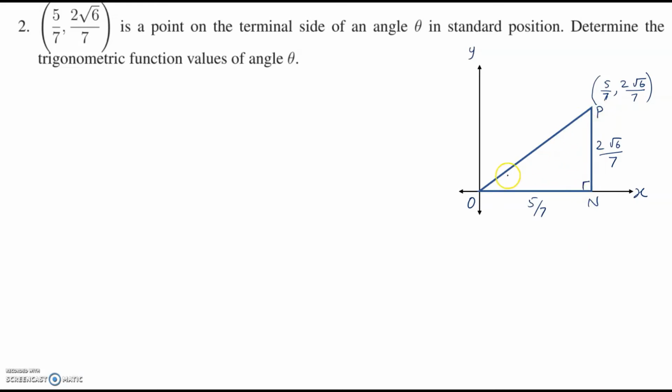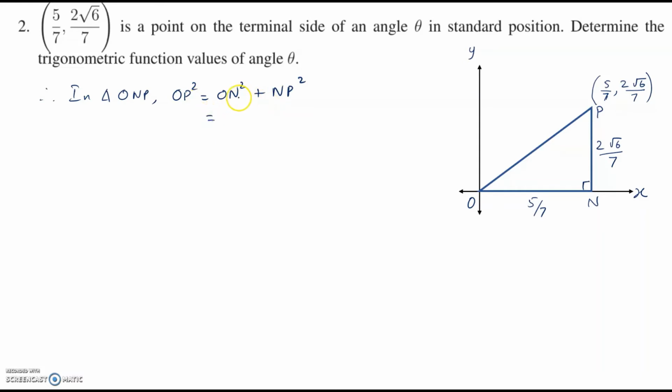So if you look at this triangle ONP, since it's a right angle triangle, we're given two sides here, so we can find the length OP. Therefore, in triangle ONP, OP squared is equal to ON squared plus NP squared.